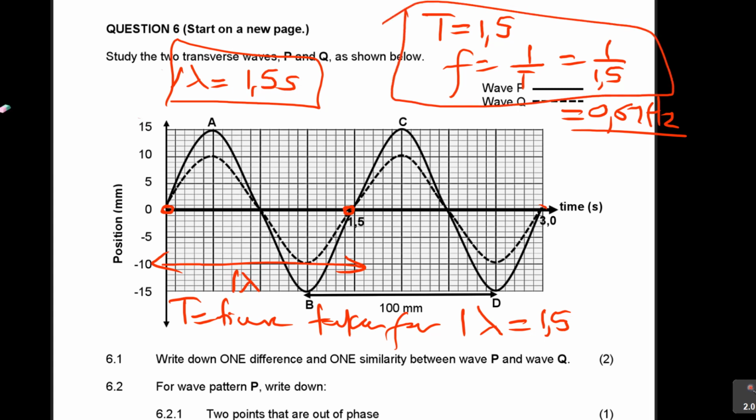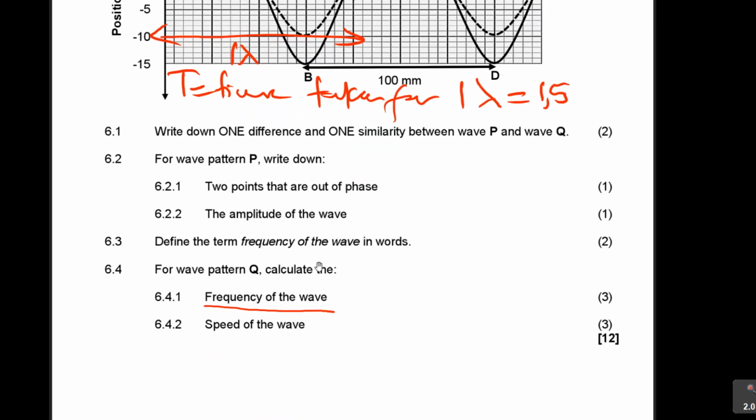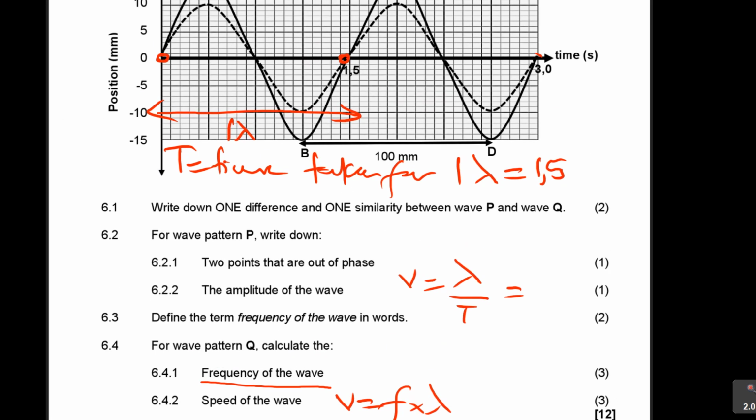Alright. The last question here is the speed of the wave. Now you know that V is equal to F times lambda. Now you've got two formulas, V is equal to lambda over T, where you know your T and your lambda. They gave us the wavelength, 100 millimeters, and I told you what to do.